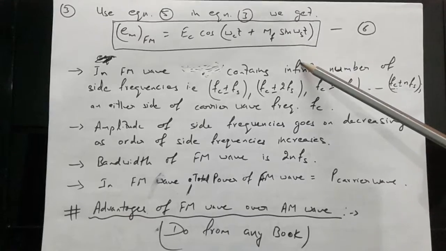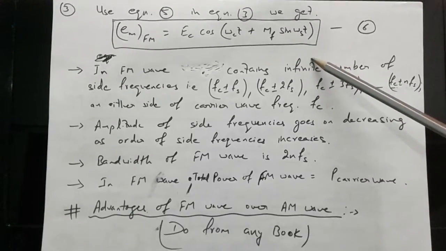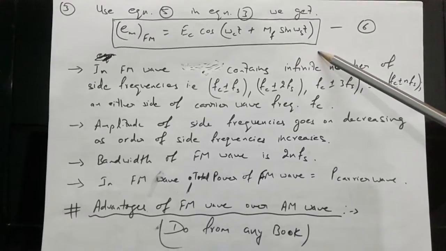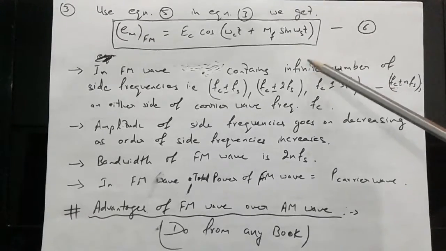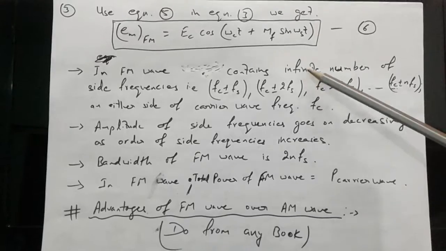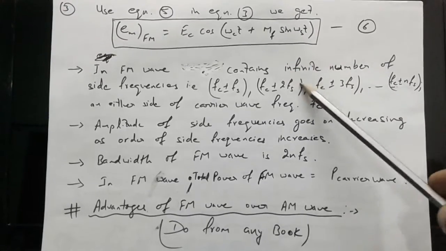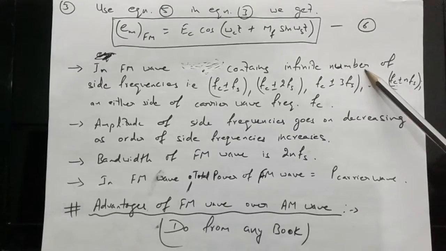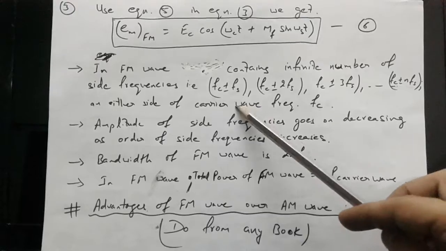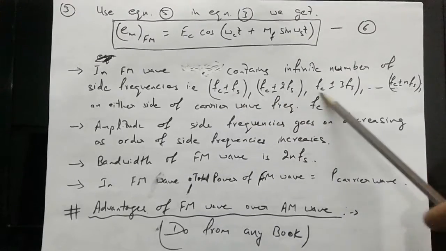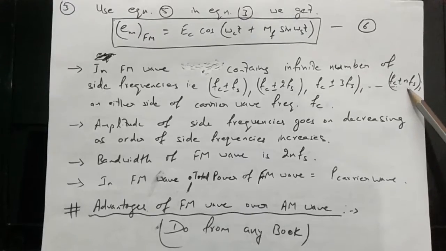Now we are discussing various conclusions or inferences which we can draw from this frequency modulation derivation. First one is that in a frequency modulated wave we have an infinite number of side frequencies. You can see their values, that is Fc plus minus Fs, Fc plus minus 2Fs and so on up to n Fs.